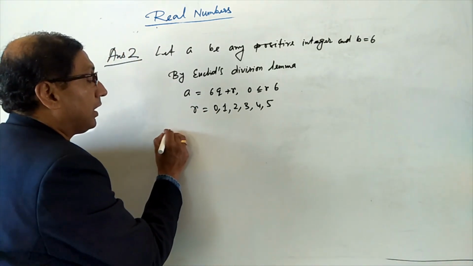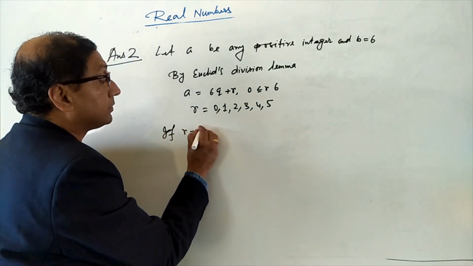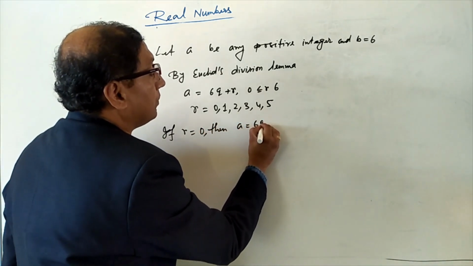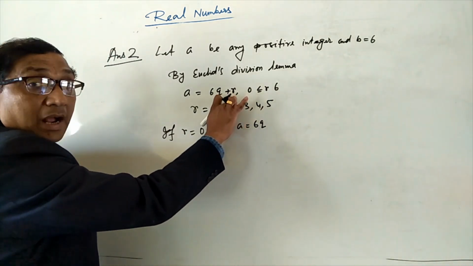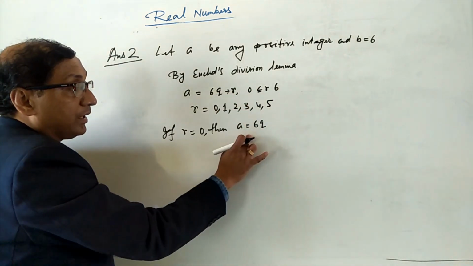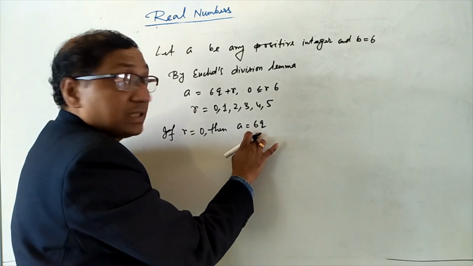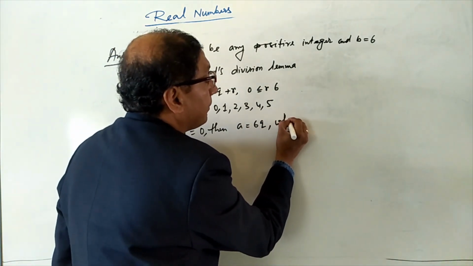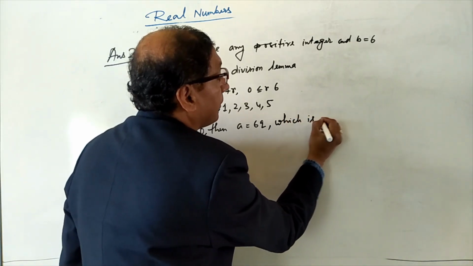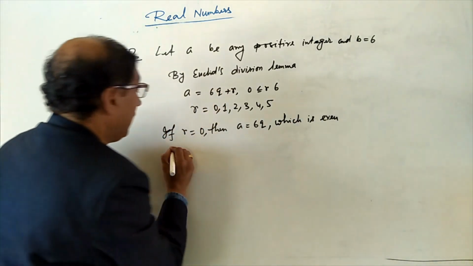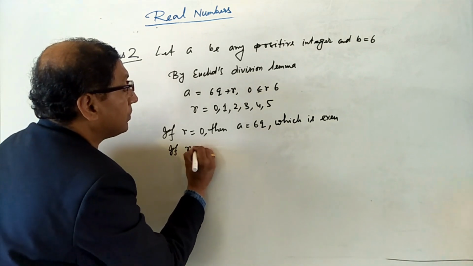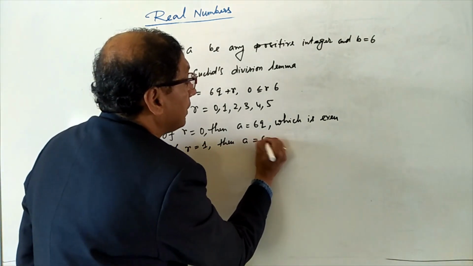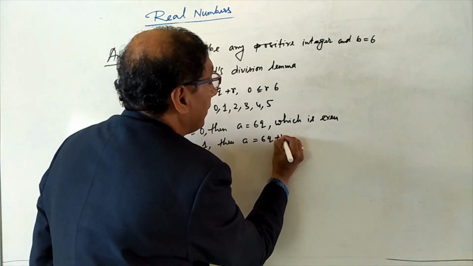Just observe. If r equals 0, then a equals 6q. Because if the value of r is 0 and we put it here, then we get 6q. Now 6q is divisible by 2 because 6 is divisible by 2, so which is even. If r equals 1, then a equals 6q plus 1.